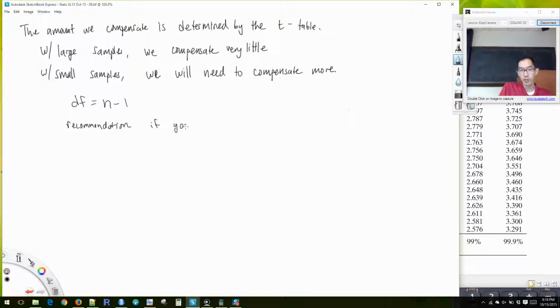Is that okay? Not everybody does this, but the recommendation: if you cannot find the exact DF, round down to the closest DF available.